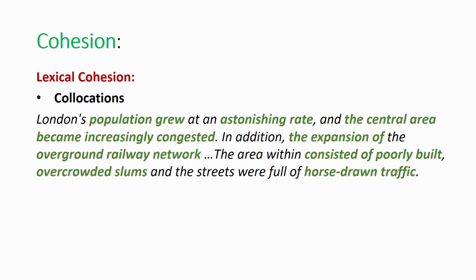So the first one, collocations. You know that collocations are words that go together. They're friends and are always together. I've made different videos on collocations in reading texts that you can watch later.